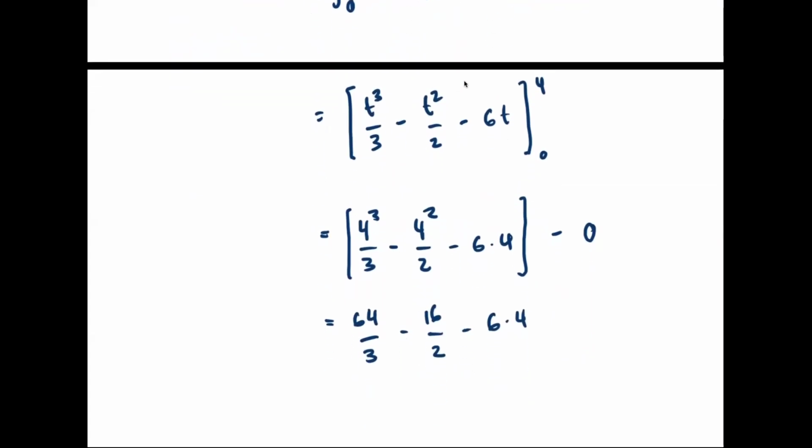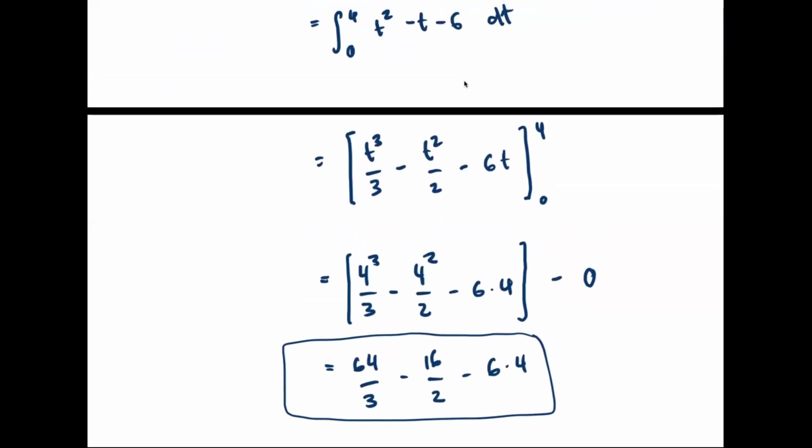So what is 4 cubed? 64? 64 over 3 minus 16 over 2 minus 6 times 4. Let's not bother with the simplification. We can just leave it like this. That's our final answer. Okay, are there questions about this example?